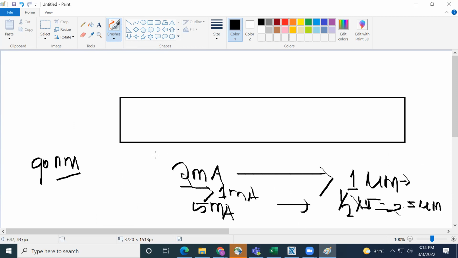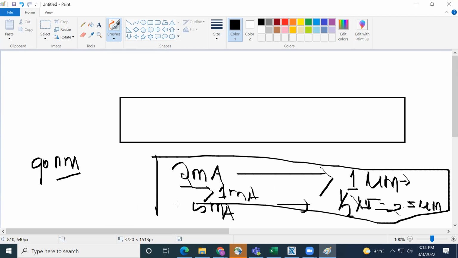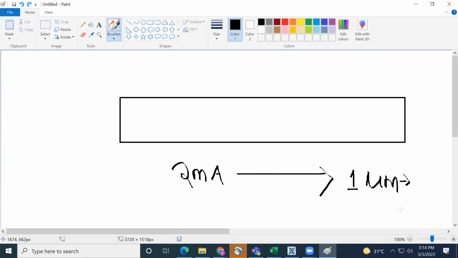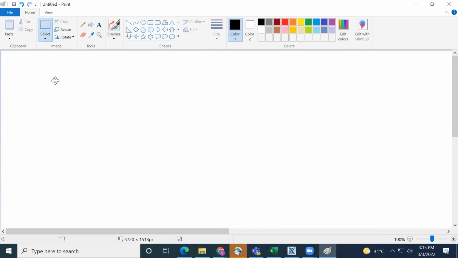If you maintain it like this, your EM will not be affected. Understand? This is the fixed value: 2 milliampere will be carried by 1 micrometer width. They can ask this sometimes. Okay, EM is done.